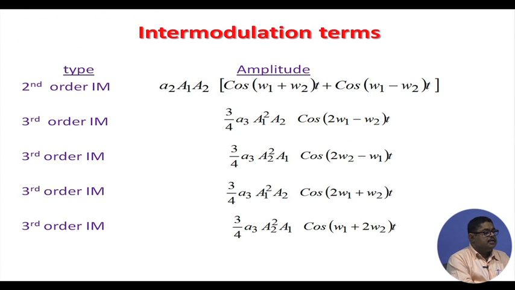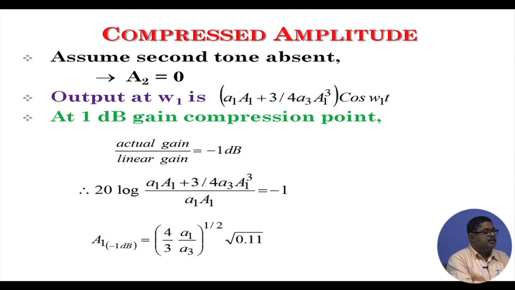This is again recapitulating. Now, if we do that A2 is equal to 0, then output at the desired frequency, I have now only one frequency, that frequency is omega 1.